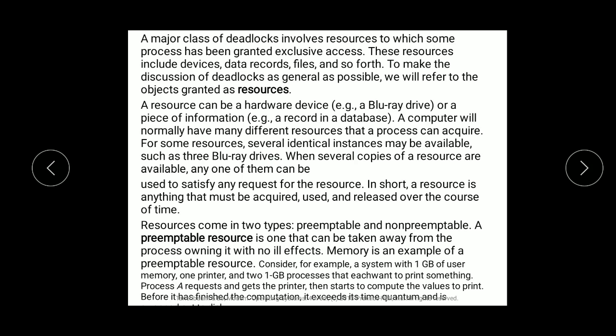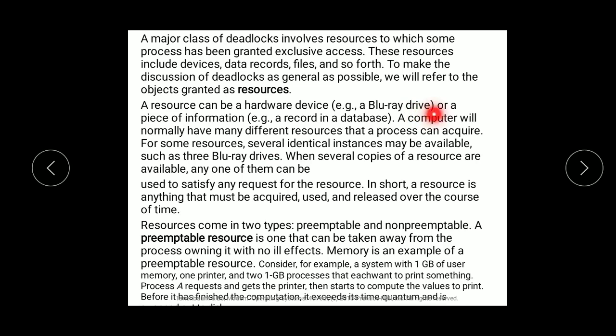To make a discussion of deadlocks as general as possible, we will refer to the objects granted as resources. So, the main term in this chapter is resources, and that resource access can be described further as deadlock. A resource can be a hardware device, that is a Blu-ray drive, or a piece of information, that is a record in a database.